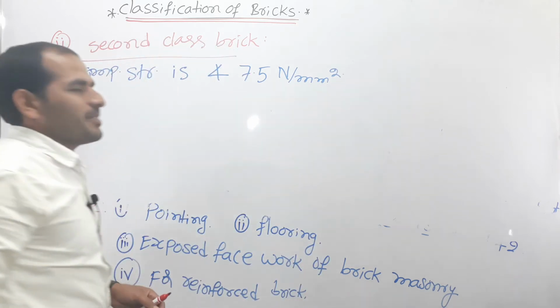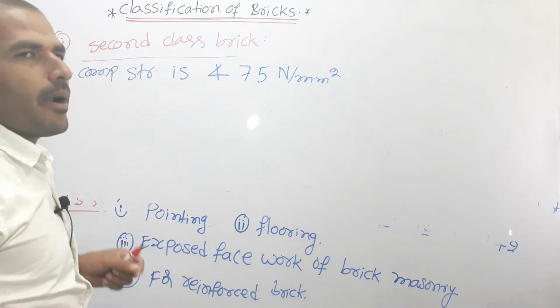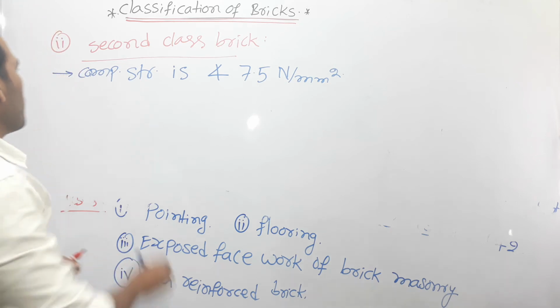So for the second class brick, compressive strength should not be less than 7.5 Newton per mm square.